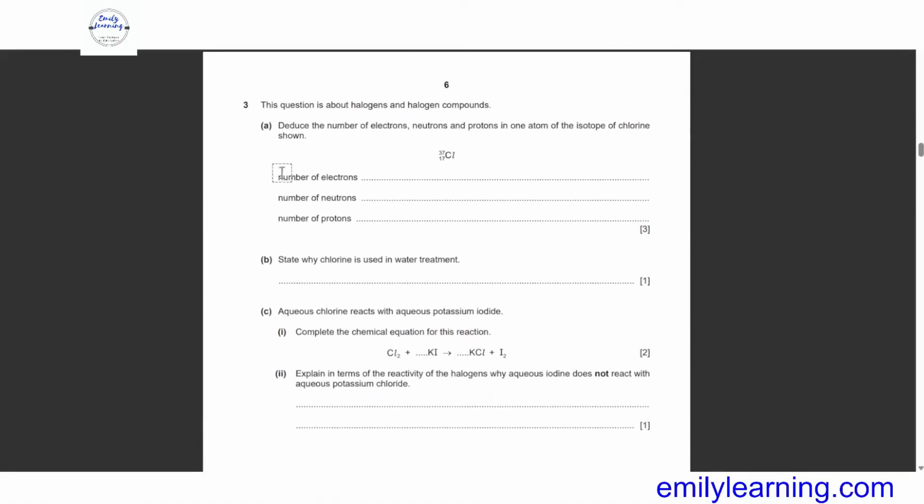Moving on to question 3. Deduce the number of electrons, neutrons, and protons in one atom of the isotope of chlorine as shown. If you look at this nuclide, it tells us that there are 17 protons and 37 protons plus neutrons.